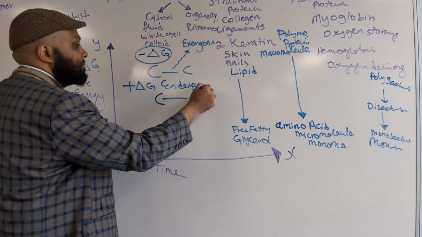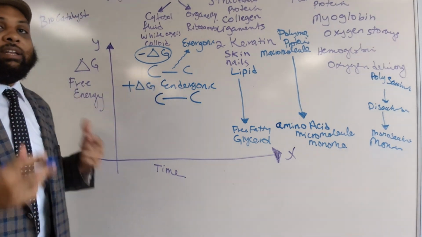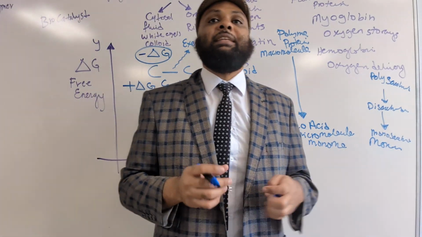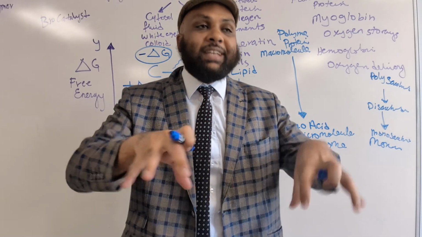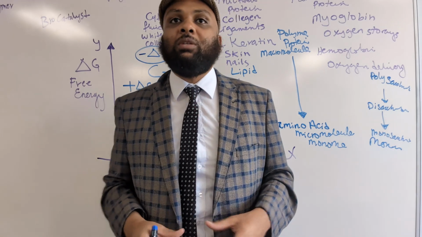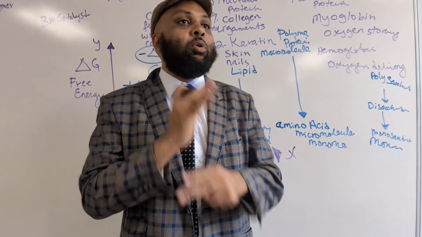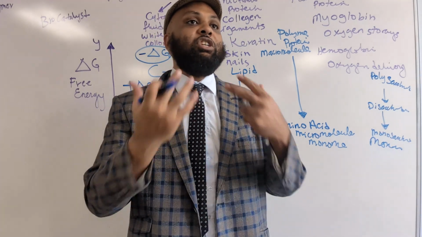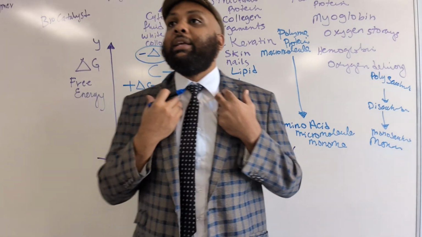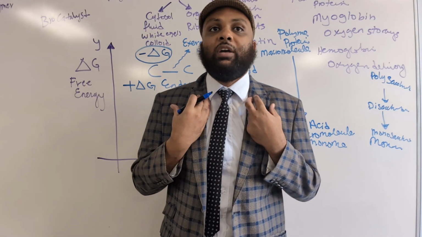endergonic. So this is a convention. Endergonic and exergonic is a convention to describe the state of energy in the bond, in the macromolecule. Am I breaking down macromolecules? Then there is no more energy in the bond because I broke down the macromolecule. The energy comes to me. That is known as minus delta G, exergonic.